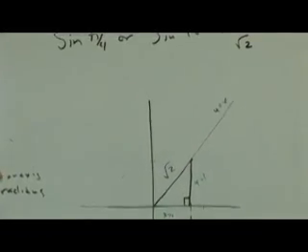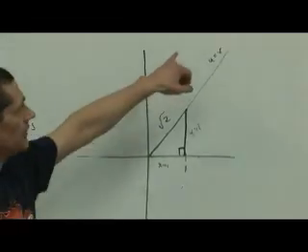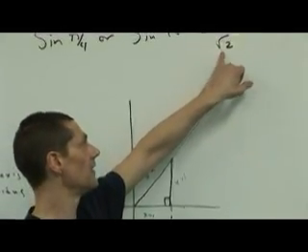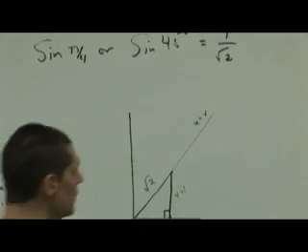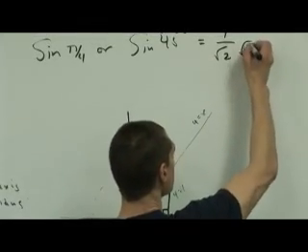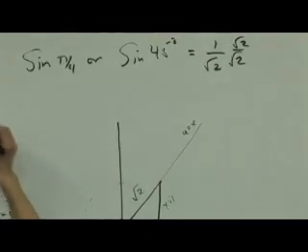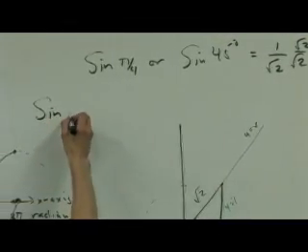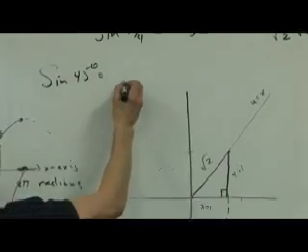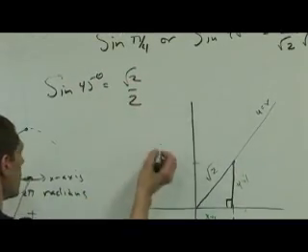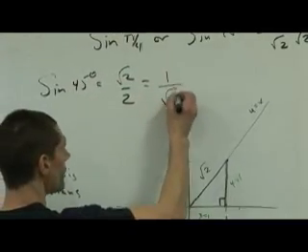Before the days of calculators, they would not allow you to use irrational numbers in the denominator because it wasn't easy to compute. They would make you multiply by square root of 2 over square root of 2, and they would write the sine of 45 degrees as equal to the square root of 2 over 2. This is equal to 1 over the square root of 2.